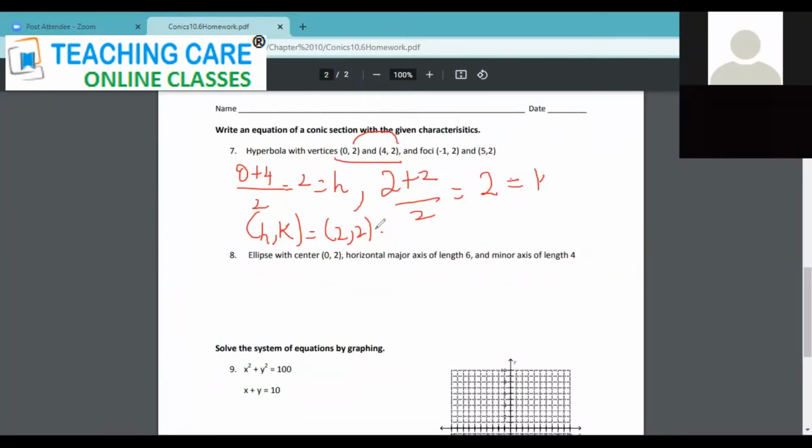I need to find what A and B are. Let me find the distance between these two points.